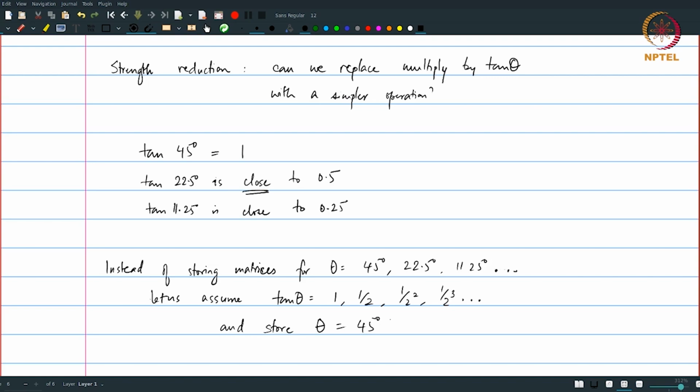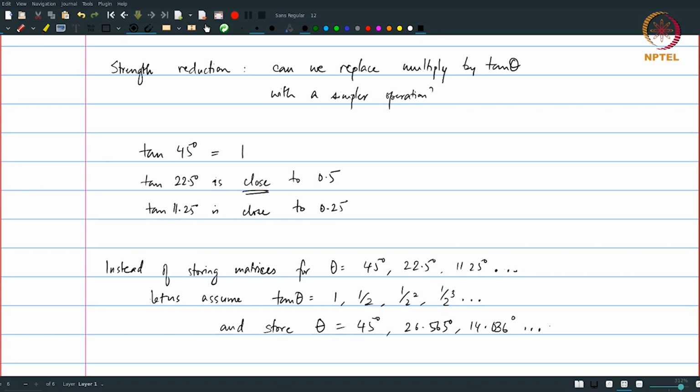In this case it would be 45 degrees, 26.565 degrees, 14.036 degrees and so on.